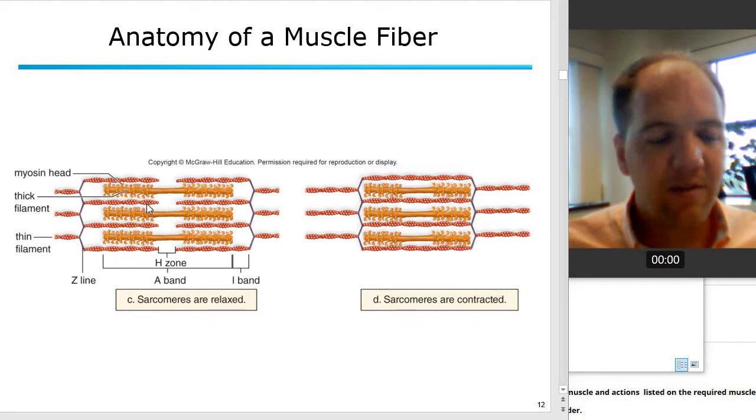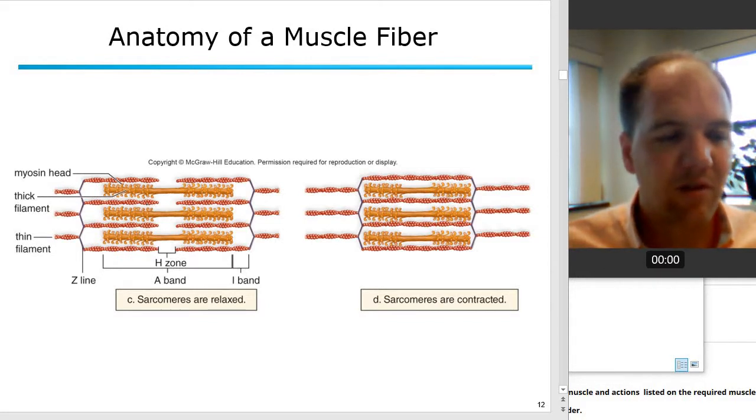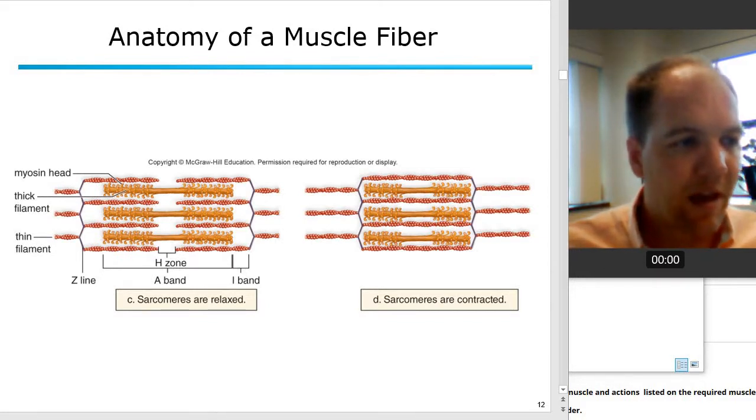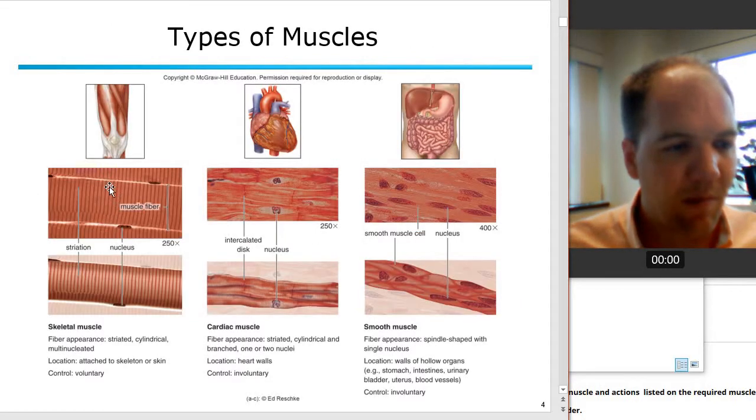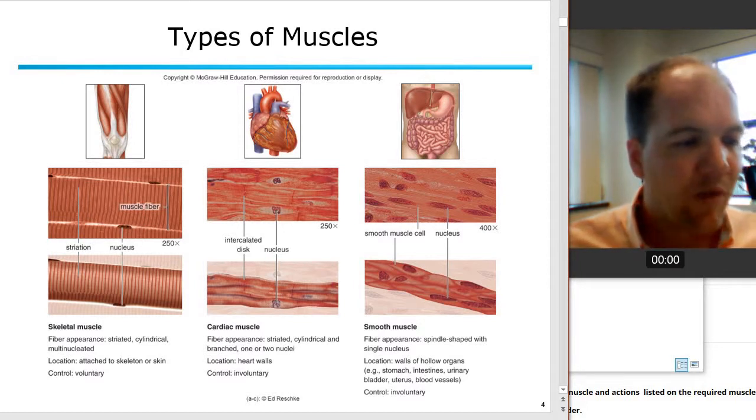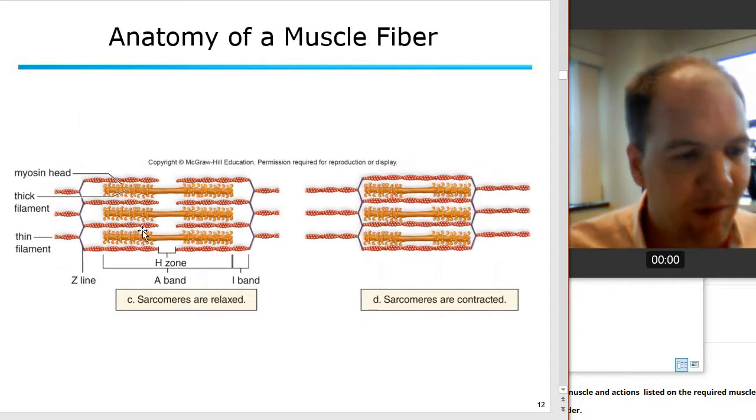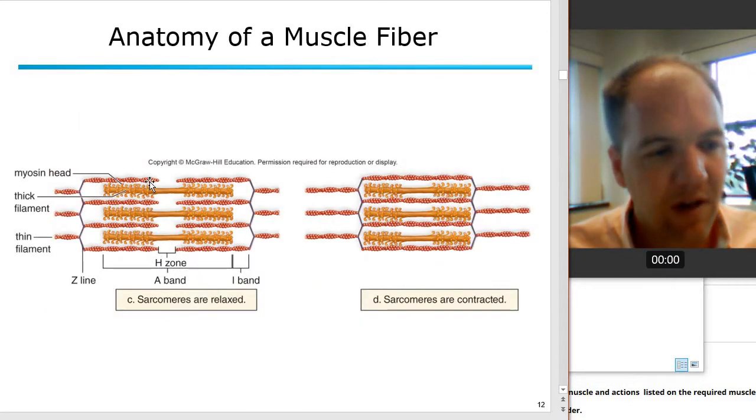Let me pause here to go back and talk about striations. Remember that skeletal muscle is striated. Remember those banding patterns we see in skeletal muscle? Well, this is why we have those bands in muscle fibers: because of the overlap of actin and myosin.